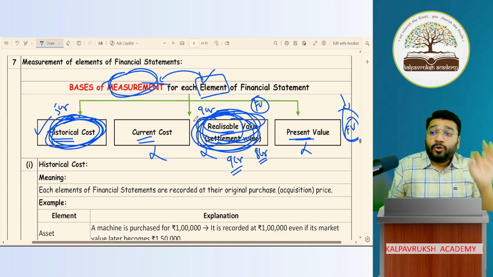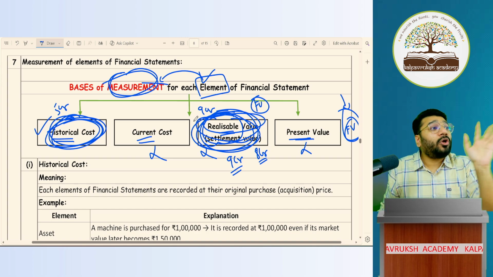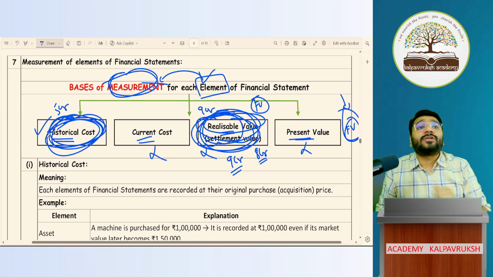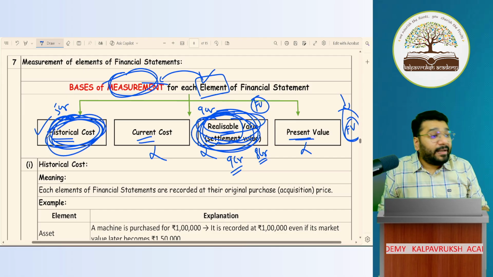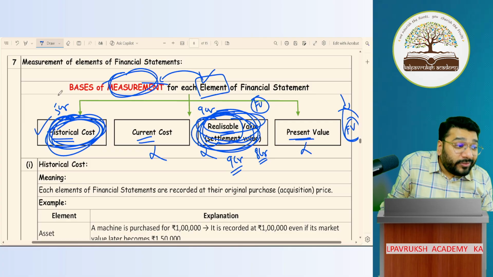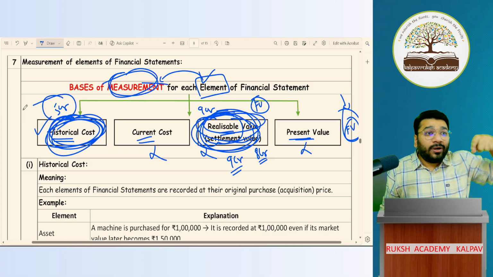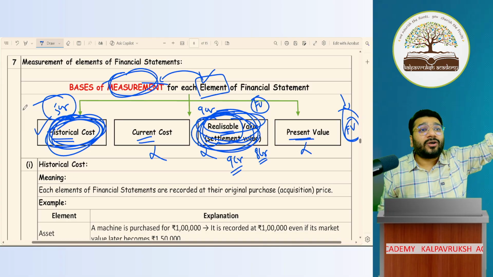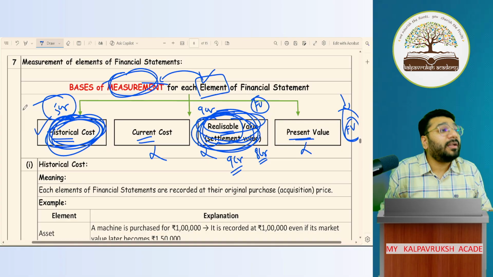Now, when you purchase the asset, initially at what cost should I record? At historical cost. Every year, what cost will be maintained? Historical cost. If it is a depreciable asset, depreciation is on what value? On the historical value. You don't revalue every year, and on the revaluation you don't charge depreciation. Every year you charge depreciation on historical cost only.